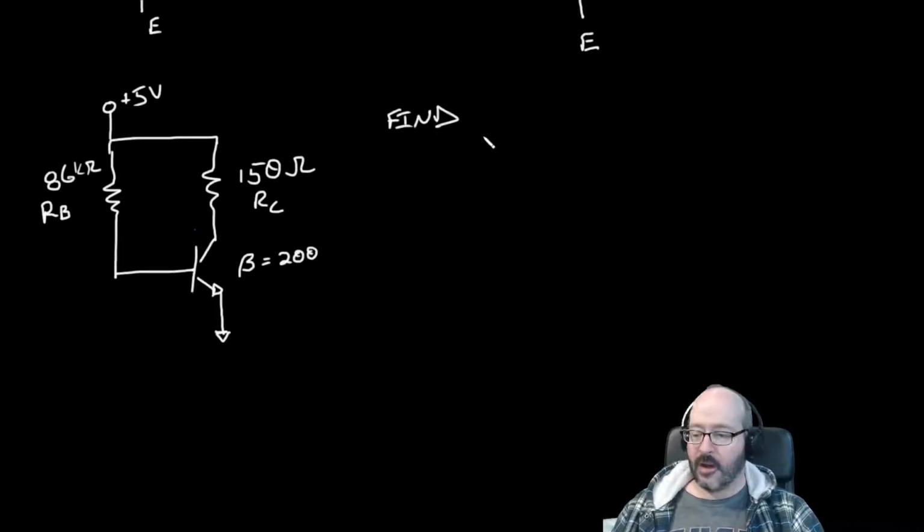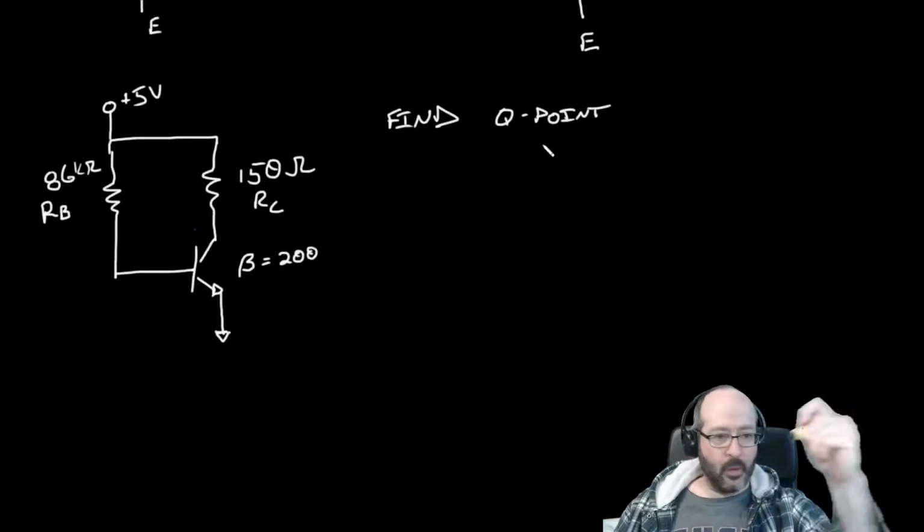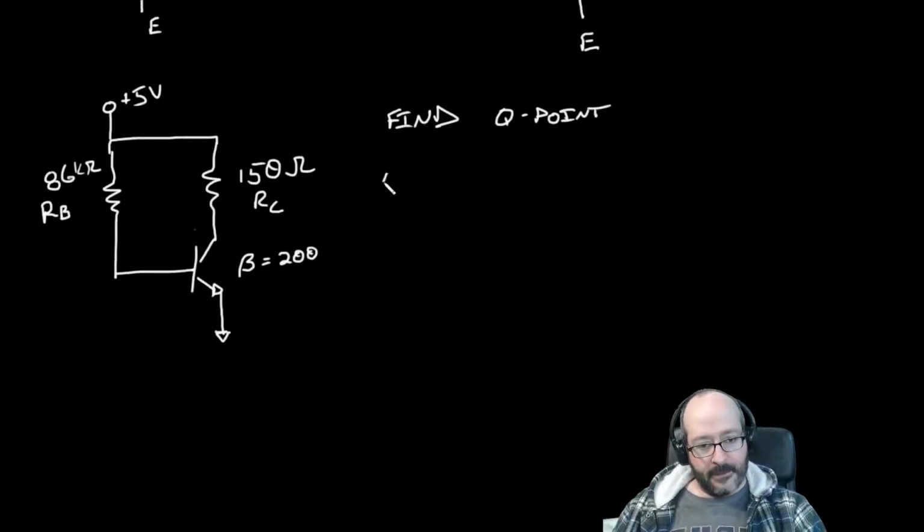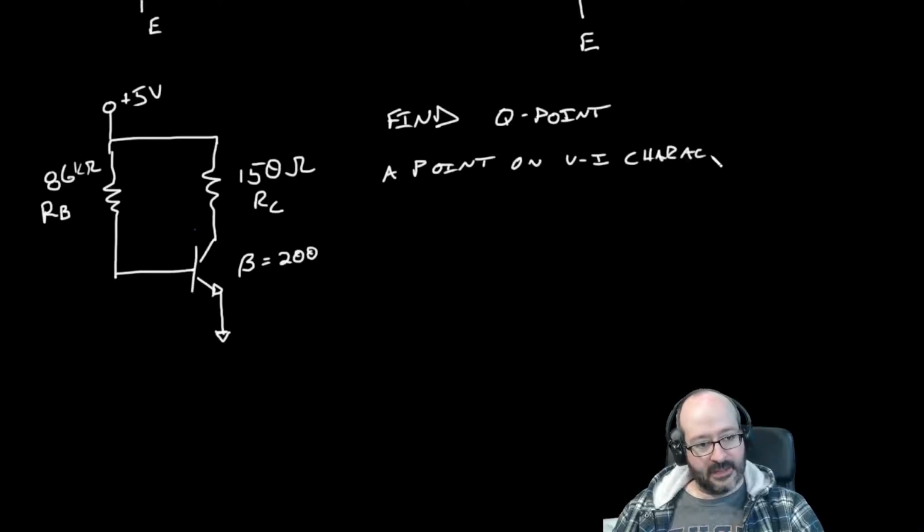is a point on our VI characteristic that we had in the last video. That means it's going to be defined by 3 values. It's a point on that curve. So we have to think about what the axes were.